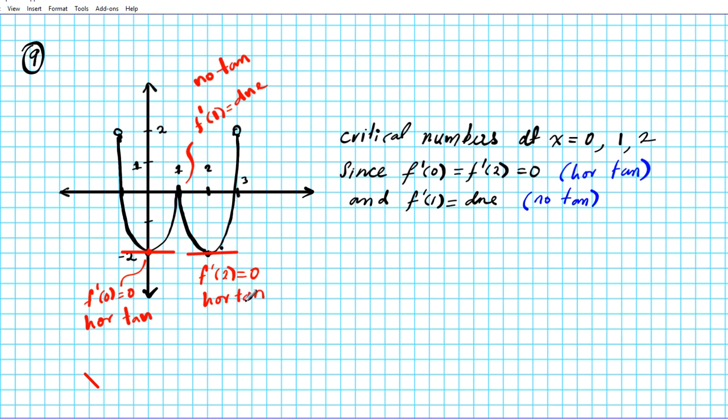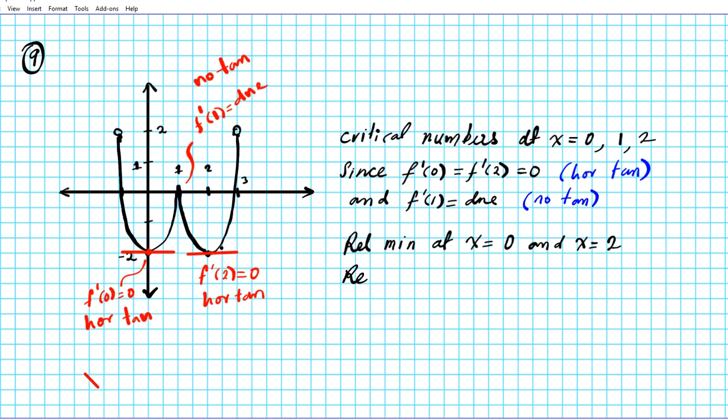Now let's go ahead and indicate the extremas. Let's start with the relative first. We have a relative min at x equals 0 and x equals 2. We see that those are minimums because they're valleys, they're low points in this function.